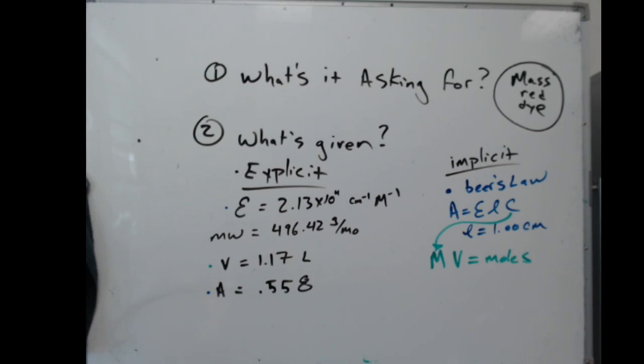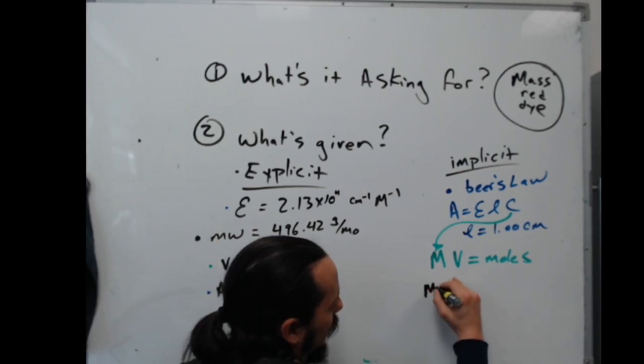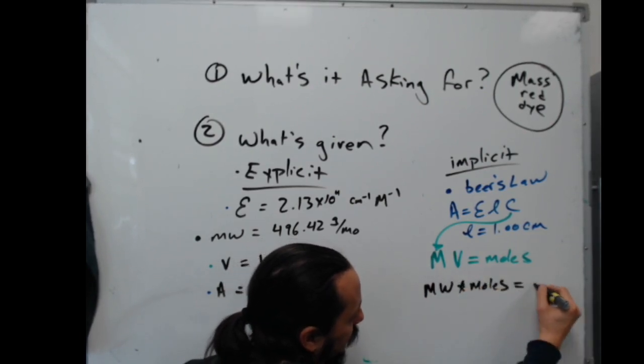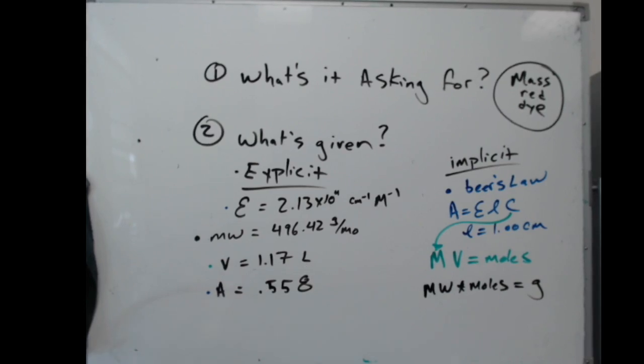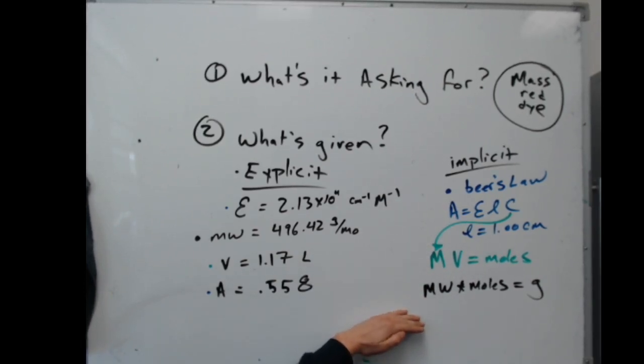And then there's only one more piece of information we need to use. There's one more implicit thing. Converting moles to grams. Molecular weight times moles equals grams. Right? These three things, not specifically anywhere in the problem.